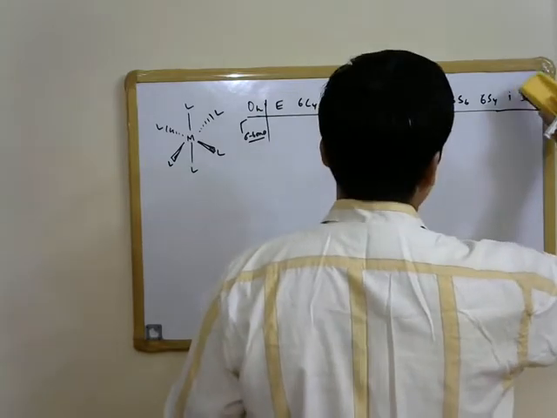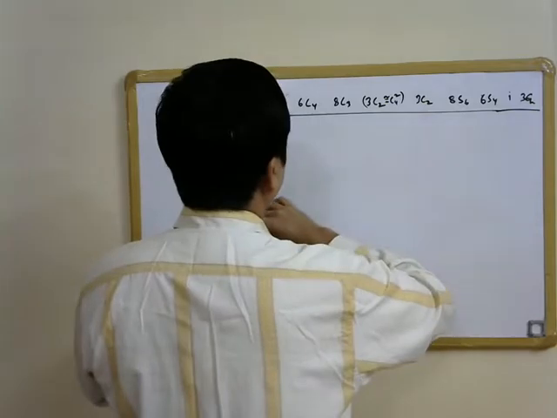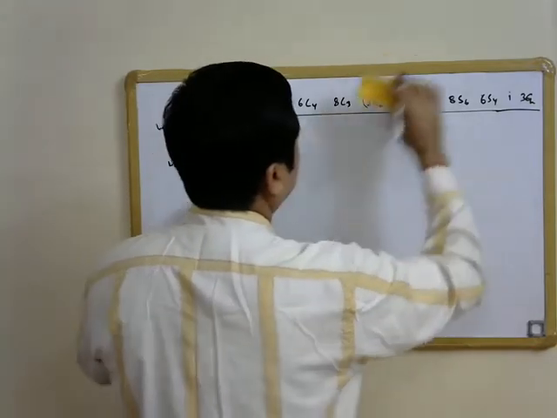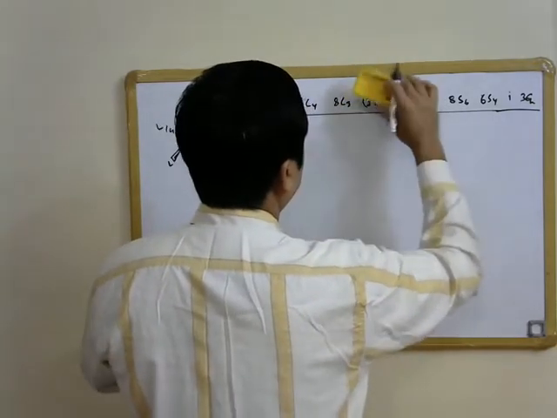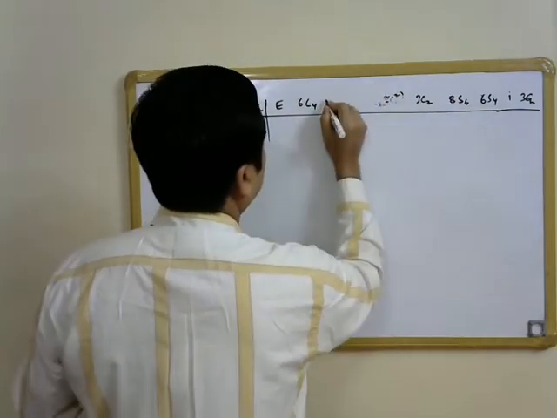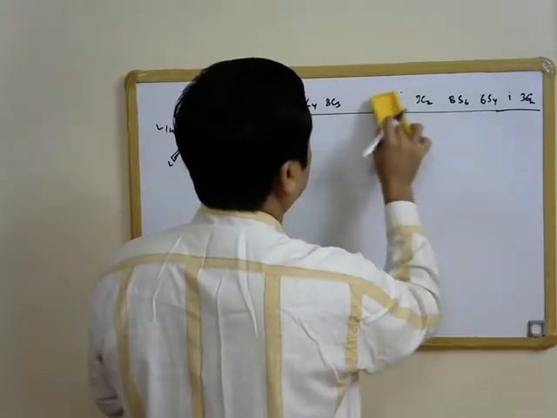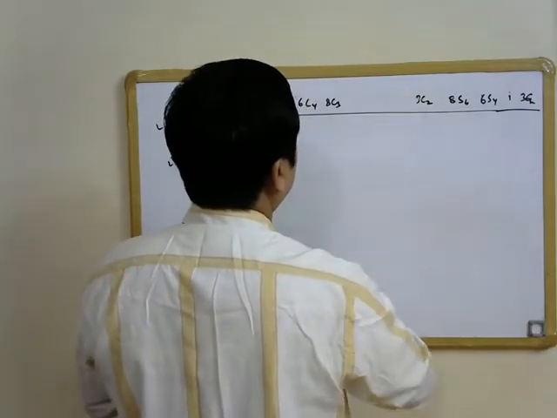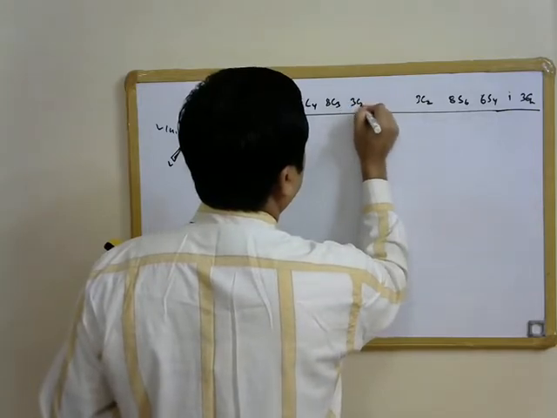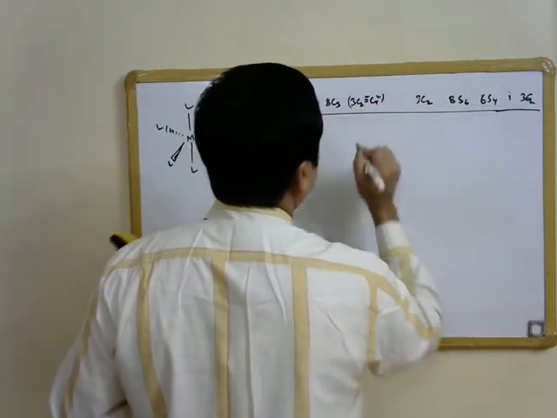We'll have to rewrite these here because of lack of space over here. So we'll write here E, 8C3. These are 3C2 collinear to C4.